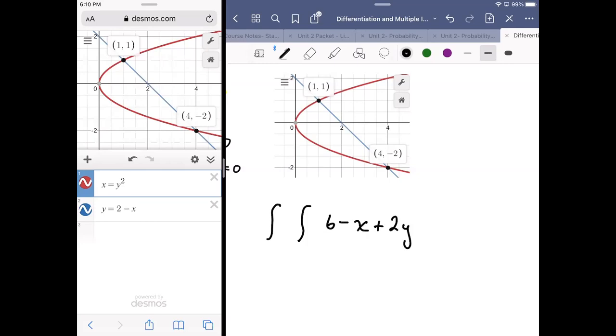It's just a question of whether we do the dx first or the dy first, and it really has to do with the bounds. What we just figured out were y bounds, based off those intersections. It is also bounded in terms of x based off those intersections. So do I like the -2 to 1, or do I like the 1 to 4?